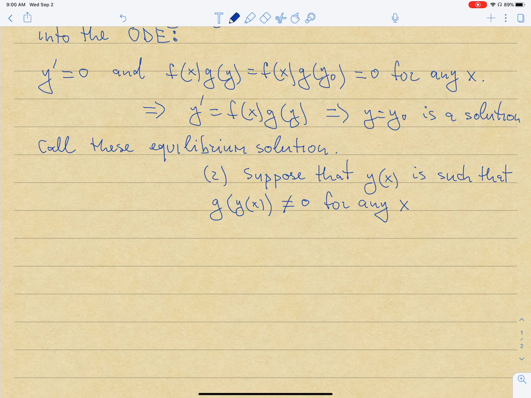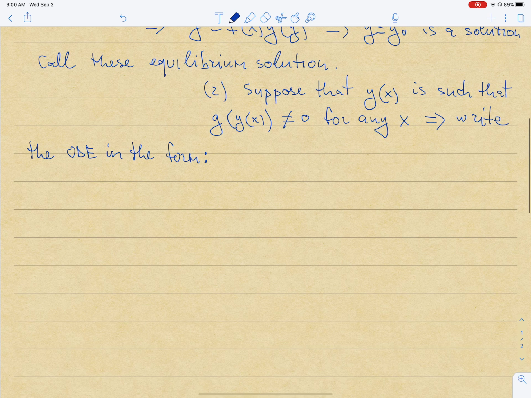Okay, so if that is true, then what do we have? Then I'm going to write my ODE in the form, y prime, which I can express by using the Leibniz notation as dy over dx equal to f of x times g of y.